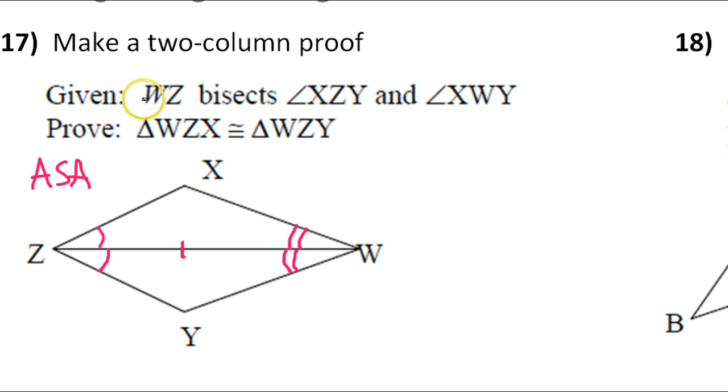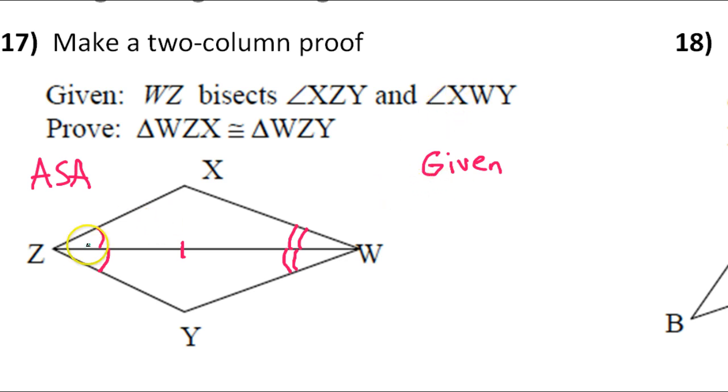So first, none of these pieces of information, angle, side, or angle, are given to me directly. So that means I'm going to have to start by stating what the given actually is. This is not the proof, I'm just planning it out. So first I'm going to state the given, which is the angle bisector.